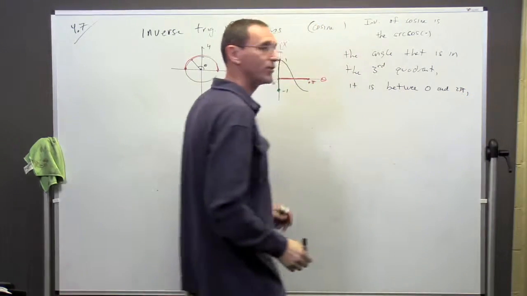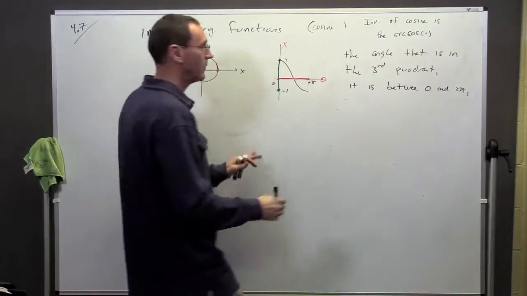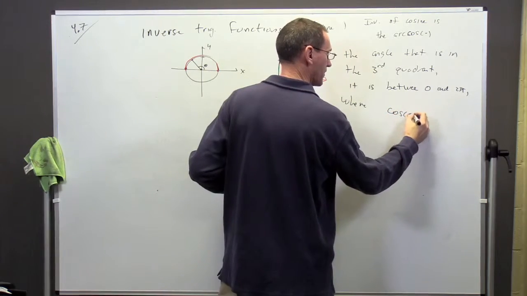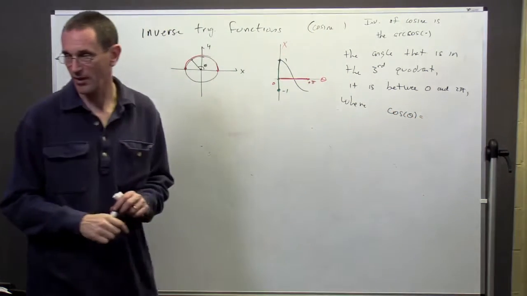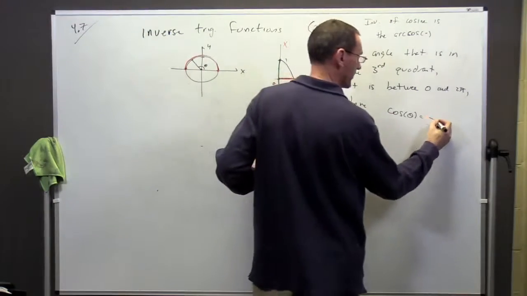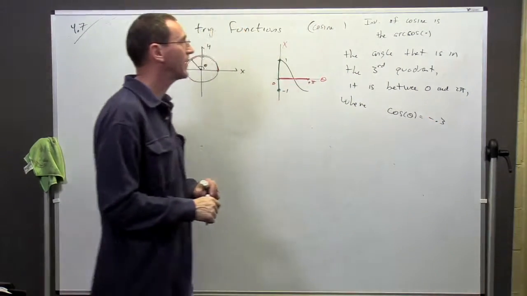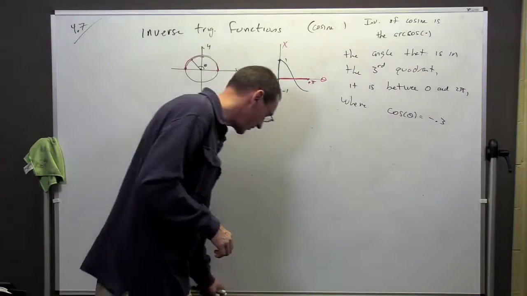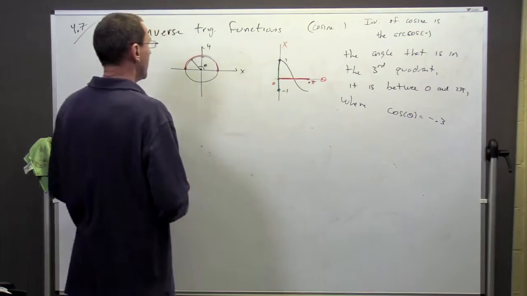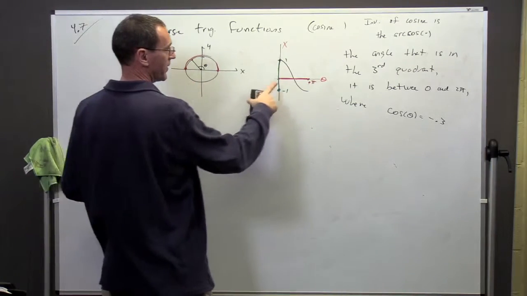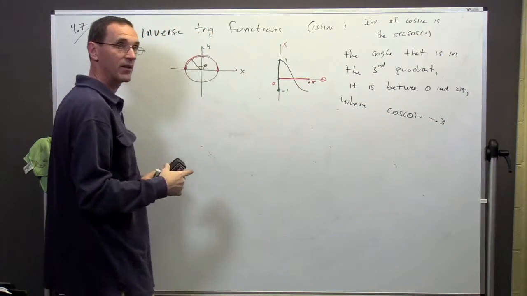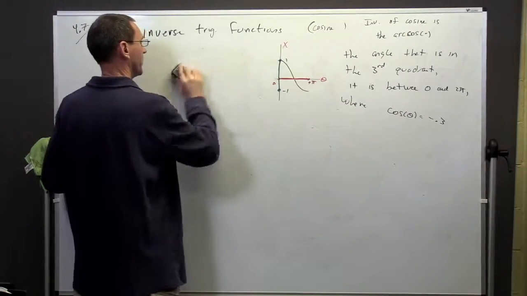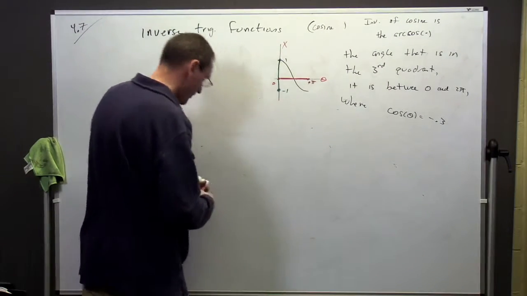Be between 0 and 2 pi. I want the cosine of that angle to be negative 0.3. Okay, so I want to figure out what that angle is, and I want to use my calculator to do it. It's going to be the third quadrant, so angles from 0 to pi aren't going to be able to find this angle. So let's redo this. So what's the idea?